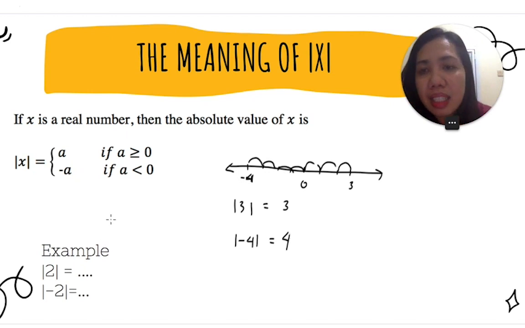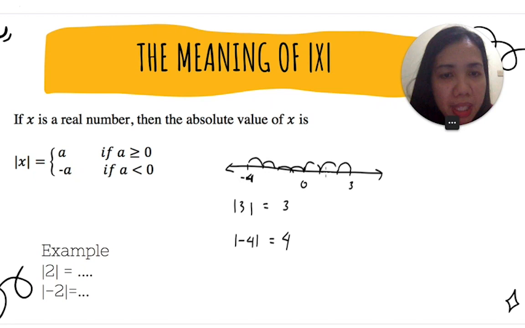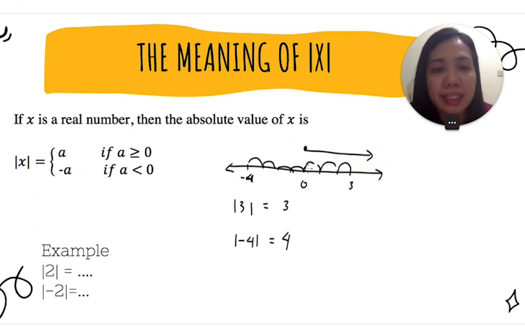Okay, now let's see the formal definition of the absolute value of x. So the absolute value of x has two possibilities: a and -a. It is a if a is more than or equal to 0, and -a if a is less than 0. If a is more than or equal to 0, it means that a goes from 0 to the right side, with 0 included, so we just write it as a.